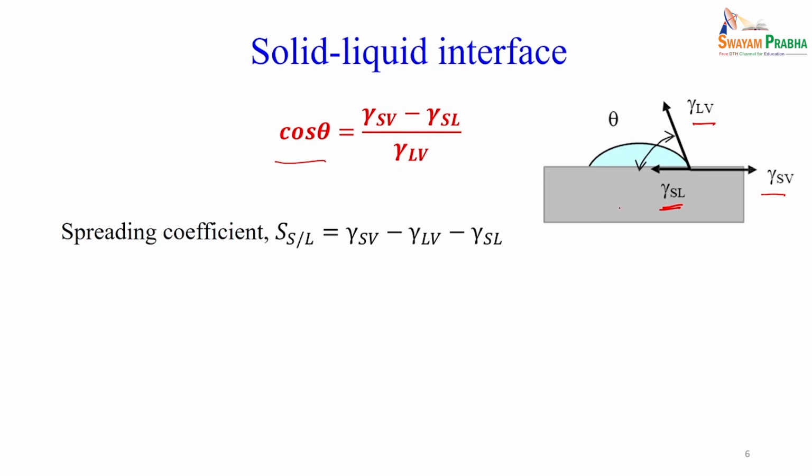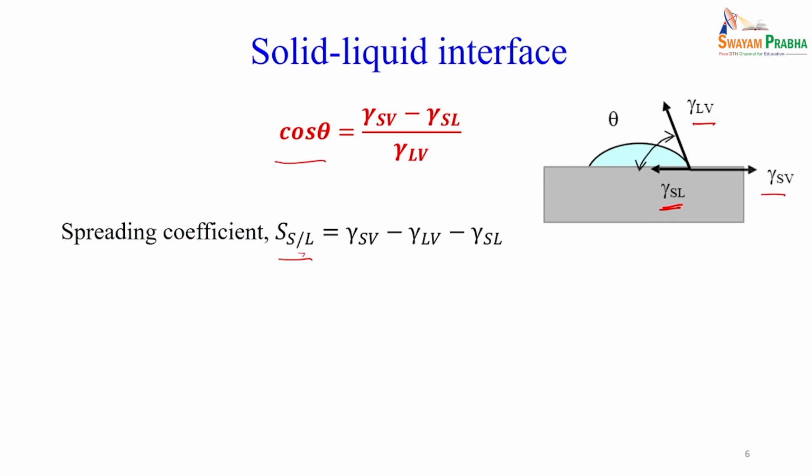And here, again similar to the cohesion, we can calculate the spreading coefficient S. So, S will be gamma SV minus gamma LV minus gamma SL. If you remember the last slide, we calculated the spreading coefficient as the difference between the work of adhesion and work of cohesion: work of adhesion minus work of cohesion.